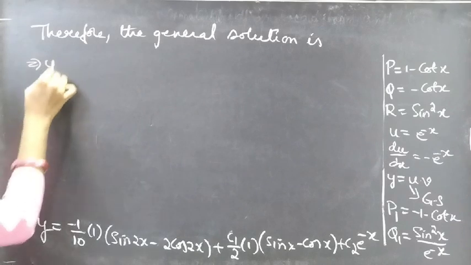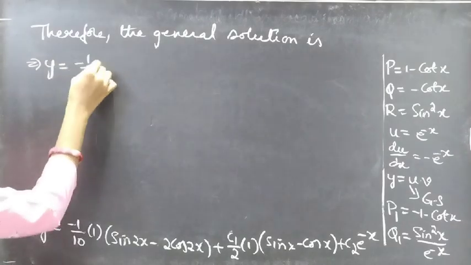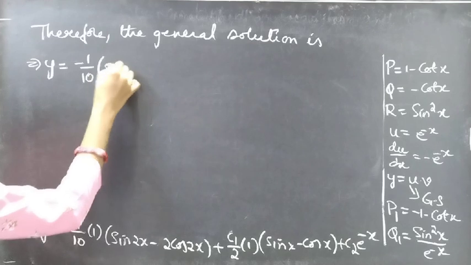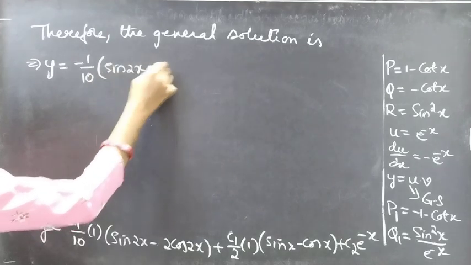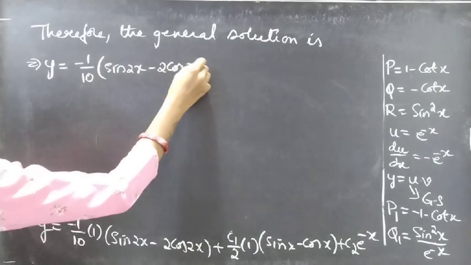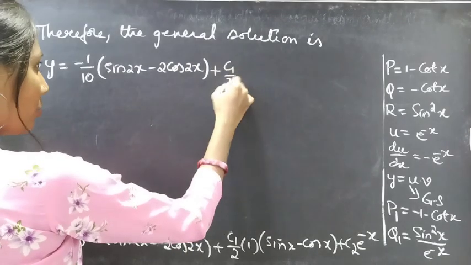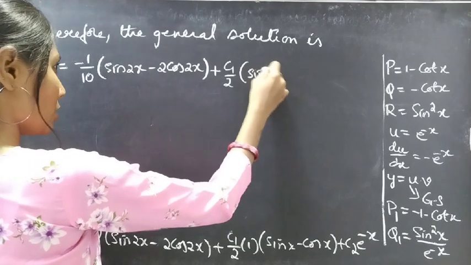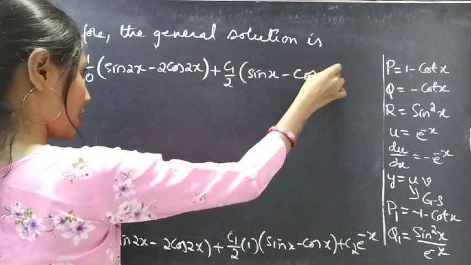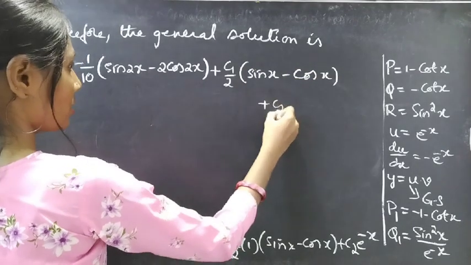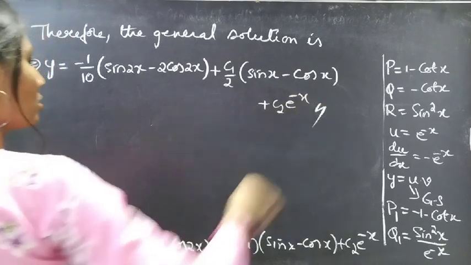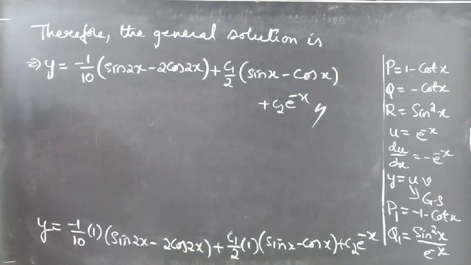Then y equals minus 1/10 into (sin 2x minus 2 cos 2x) plus c1 by 2 into (sin x minus cos x) plus c2 e^(-x), which is the required solution.